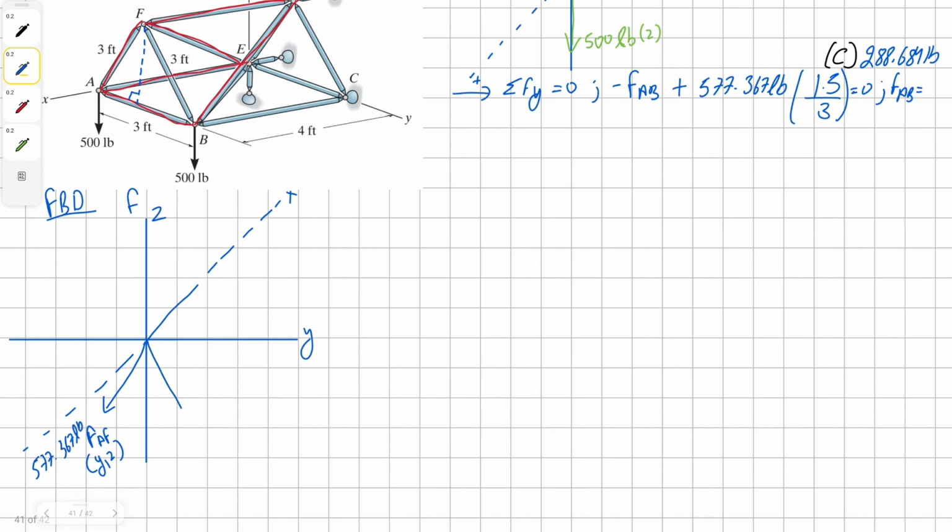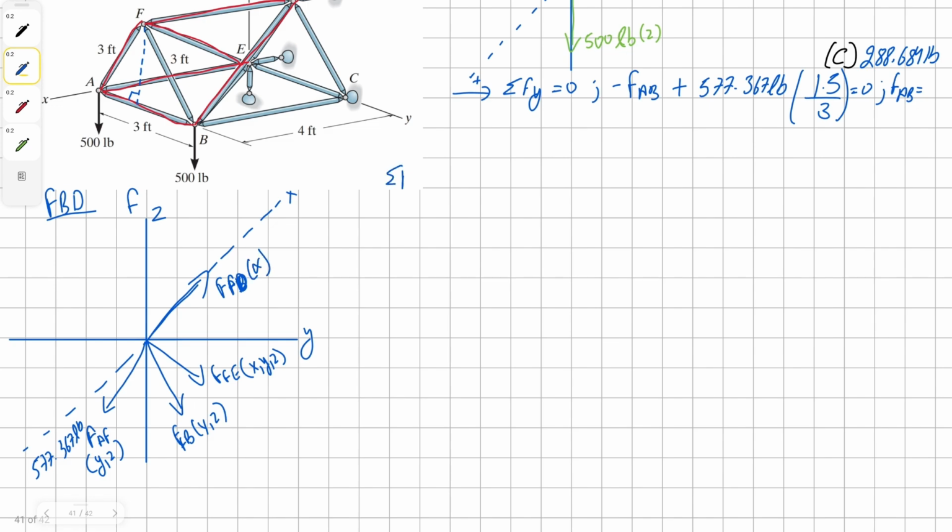Then we have our force FB, projecting along y and z. And our other force is force FE, which is projecting along all three axes. And finally, we have our force FD, which is only projecting along the x-axis.